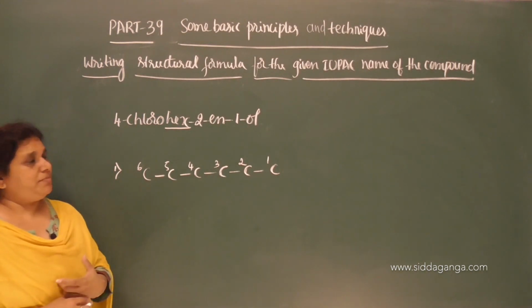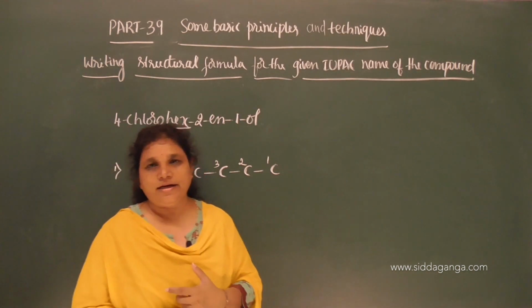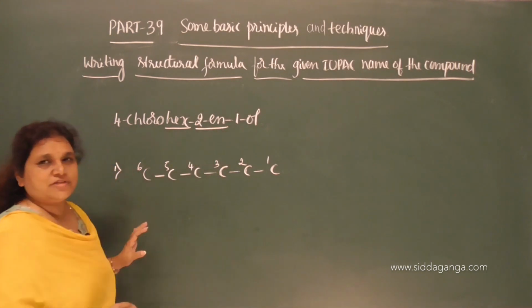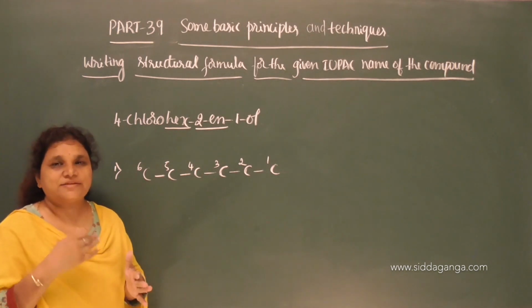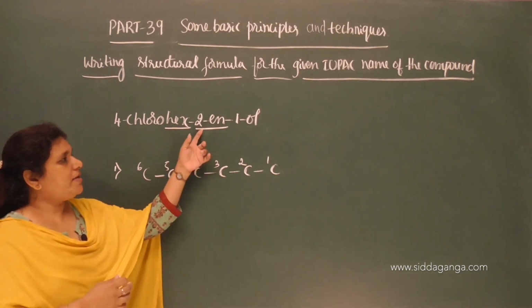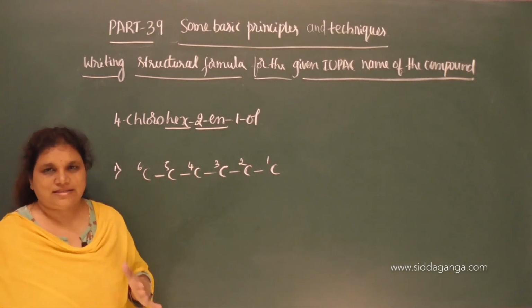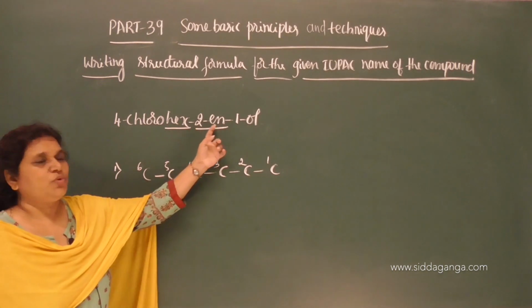The second step, identify the primary suffix. On the basis of the primary suffix, you have to place, if any double or triple bond is there; we can identify whether it is a double bond or a triple bond. So, here the primary suffix is 2-ene.